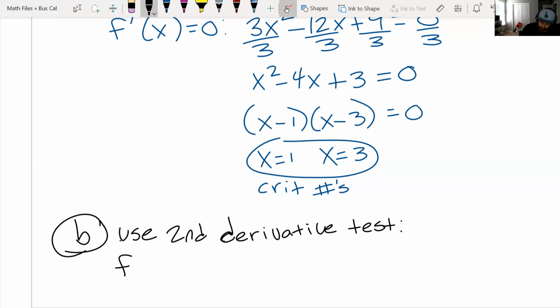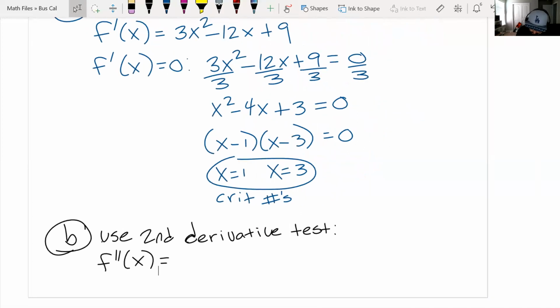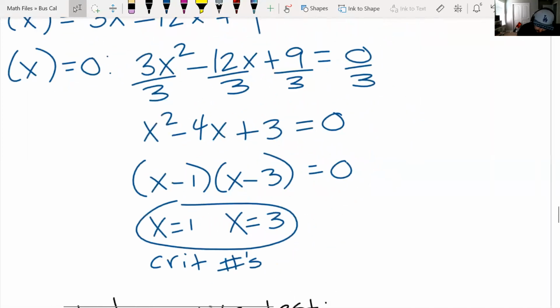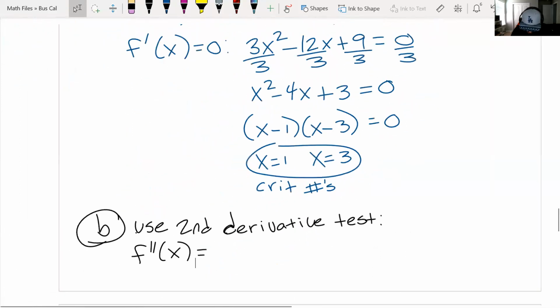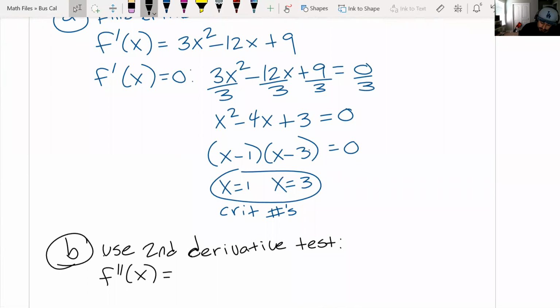So we want f double prime of x. So what was my first derivative? My first derivative was 3x squared minus 12x. So my second derivative is going to be 6x minus 12.